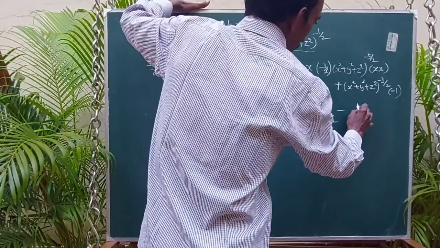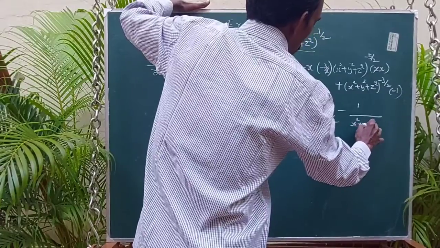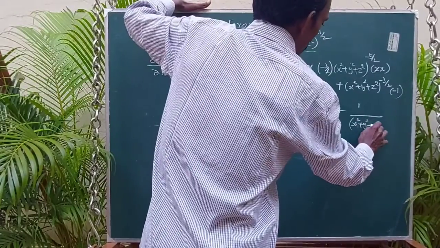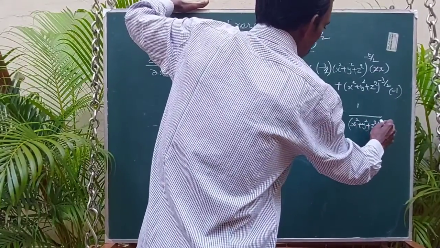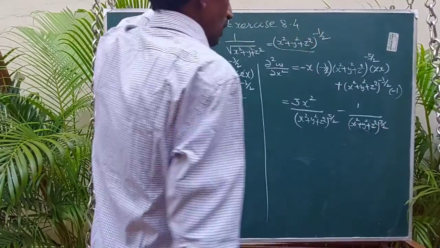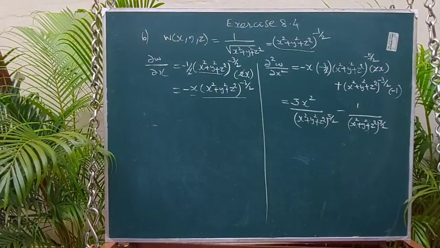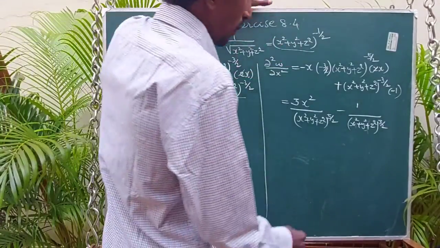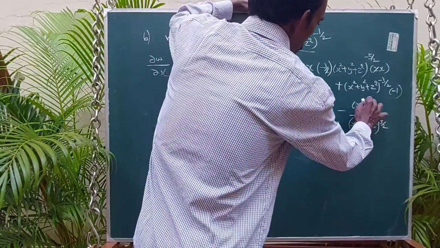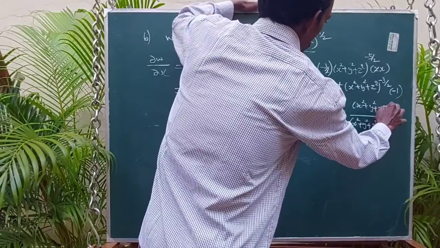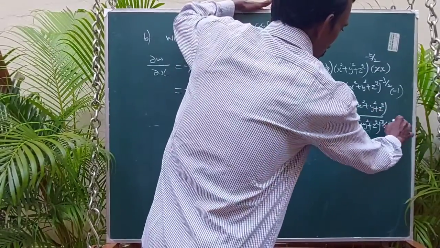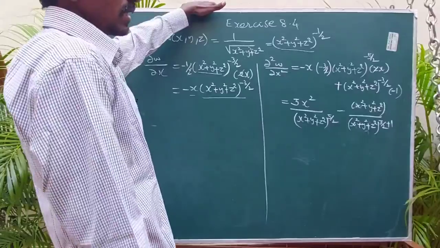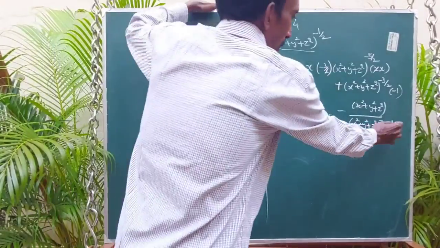minus 1 by x square plus y square plus z square whole power 3 by 2. So to take the LCM, make the denominator the same. So we have to multiply and divide by x square plus y square plus z square. If we multiply in the numerator, it becomes power plus 1.